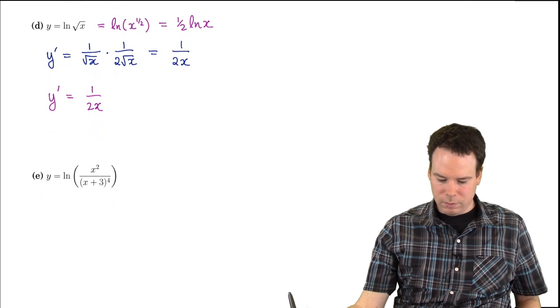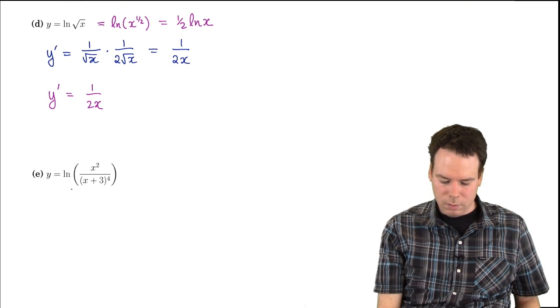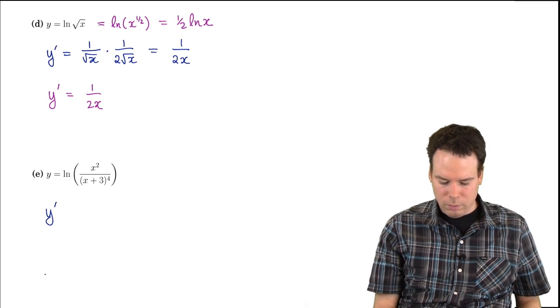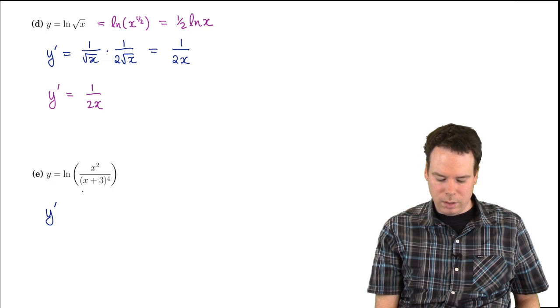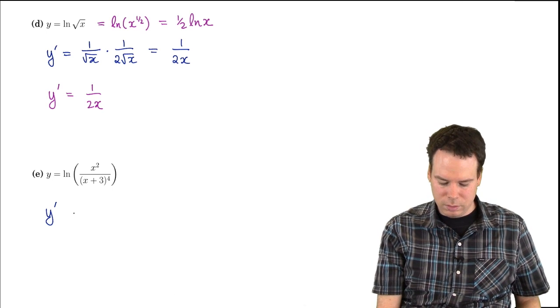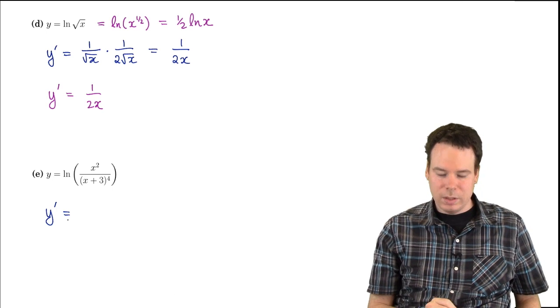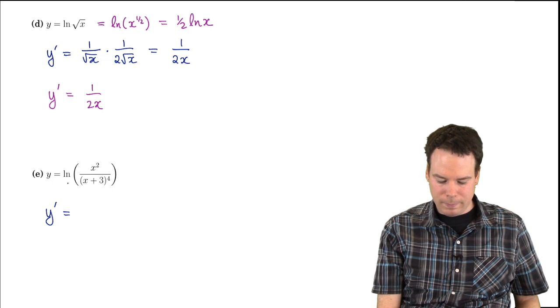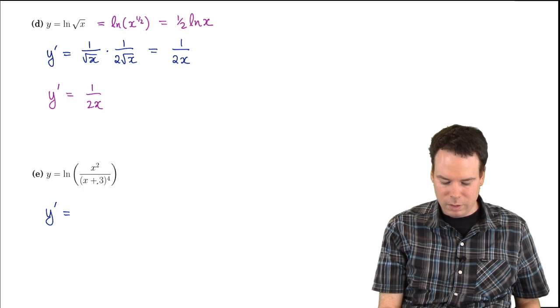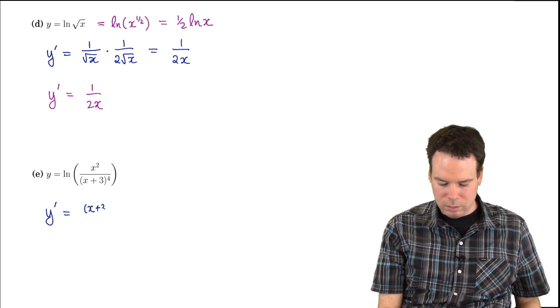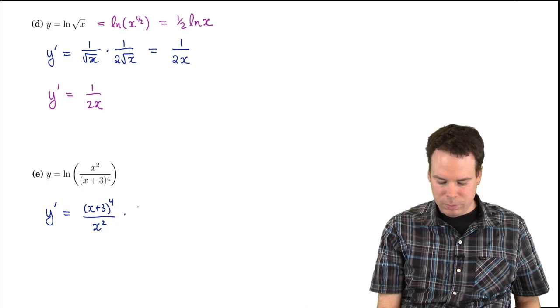So let's look at another example. Okay, so here we've got a logarithm composed with a rational function. If I'm going to take the derivative, I'm going to use the chain rule, so it's 1 over the inside function, so it's the reciprocal of the inside function, times the derivative of the inside function.